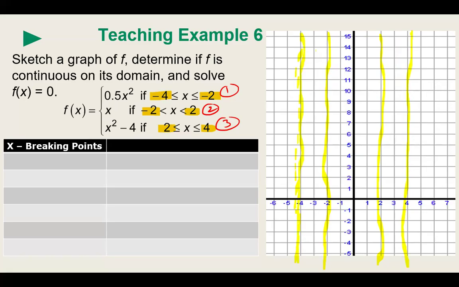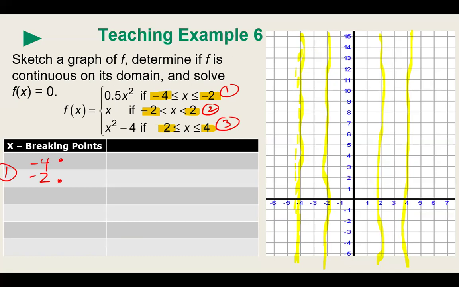Now we're going to start finding the values that lie on those breaking points. We're going to start with our first piece. Using my first piece, my x's that I'm evaluating are -4 and -2. Because -4 is equal to, I know that it's going to be a closed circle. Because -2 is also equal to, it's going to be a closed circle. Make sense?